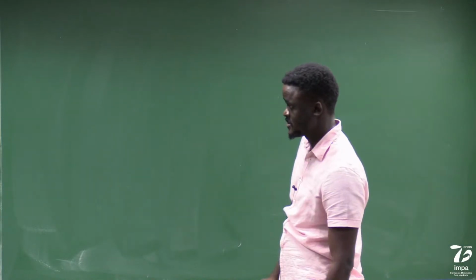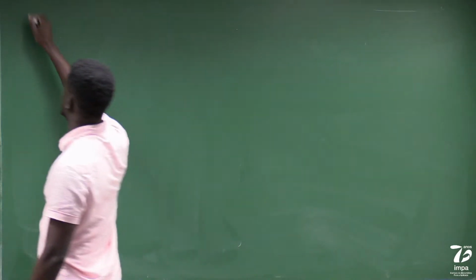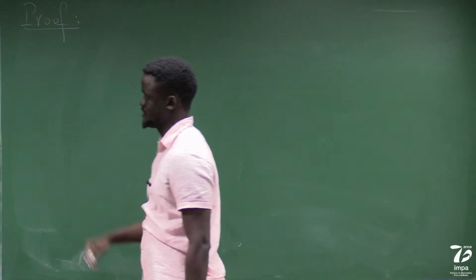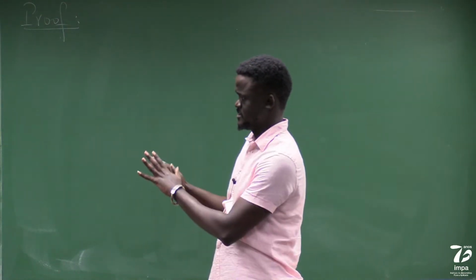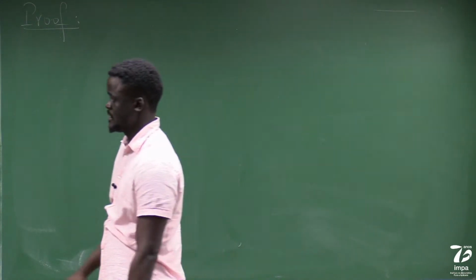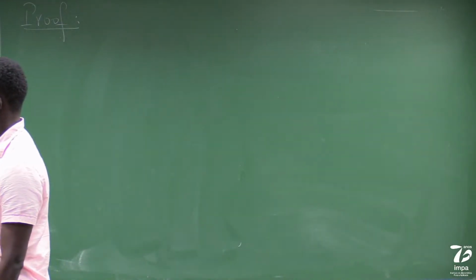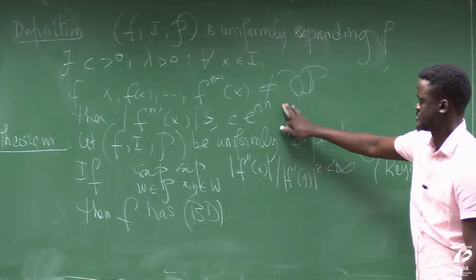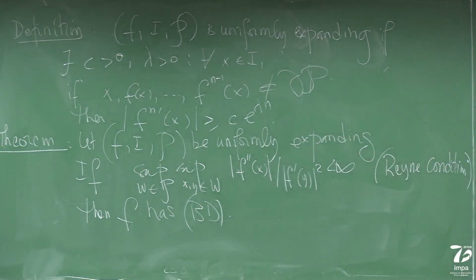Okay, so what I wanted to prove, because once we have this condition, I want to do this proof because it's using a property that you will see in the proof, which is also very important in dynamics: using expansion.